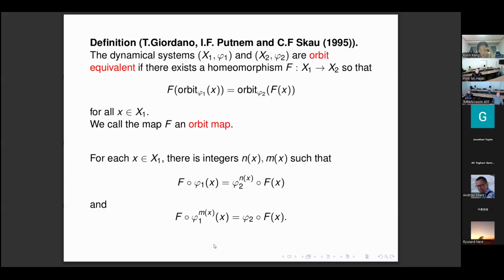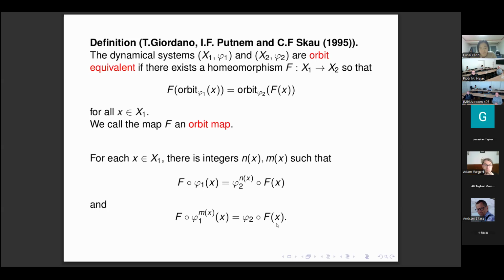The second condition says that applying φ1 multiple times to x and then mapping it with F is the same as applying φ2 once to F(x). This condition shows that the systems may not move at the same speed, but their orbits are still structurally matched by F.